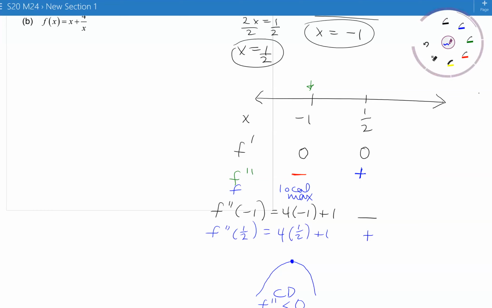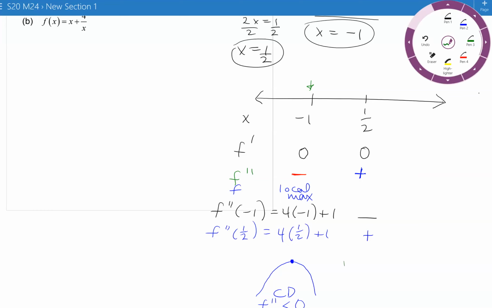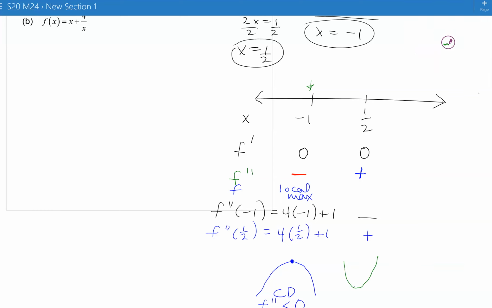And now I'm concave up and I have a point where the derivative is 0. F double prime is positive, F prime is 0. So we have a local min when x is 1/2.